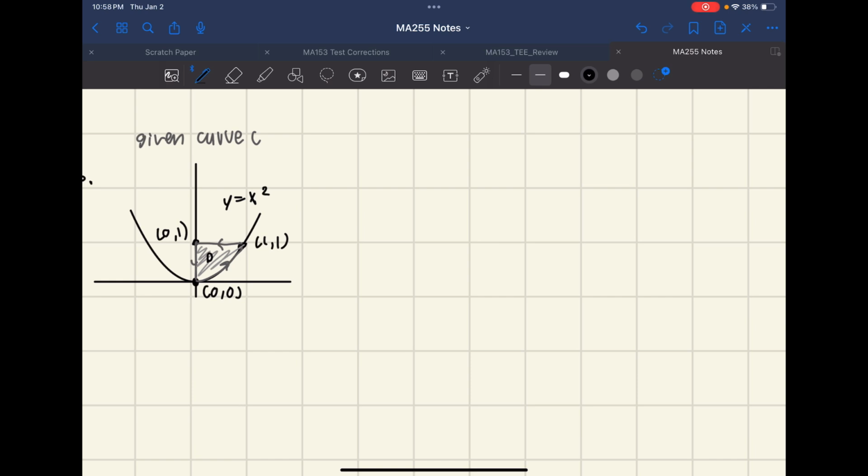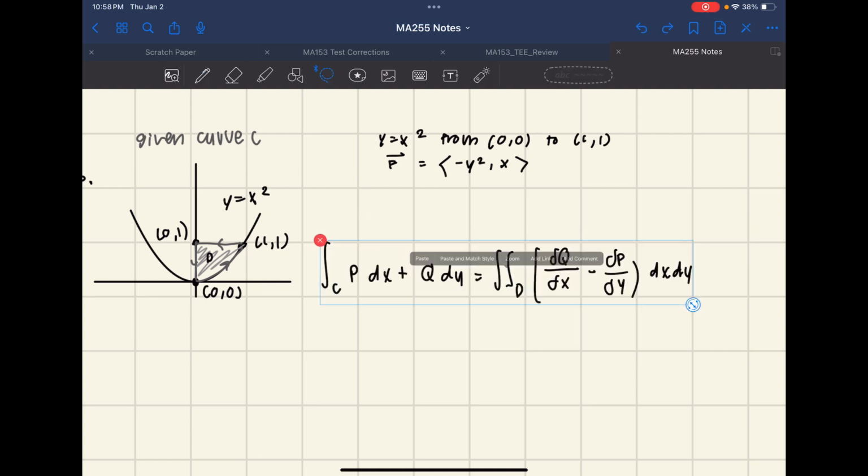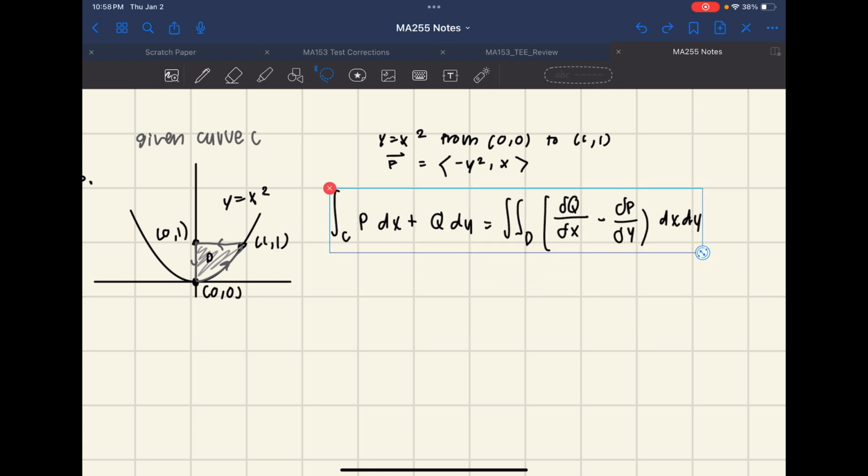So go ahead and graph y equals x squared. Now we can apply our formula.